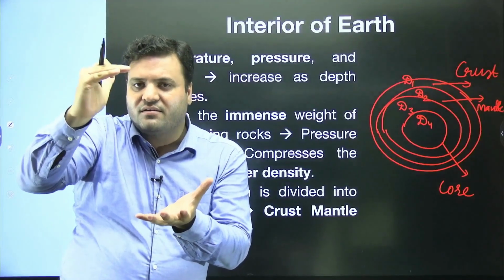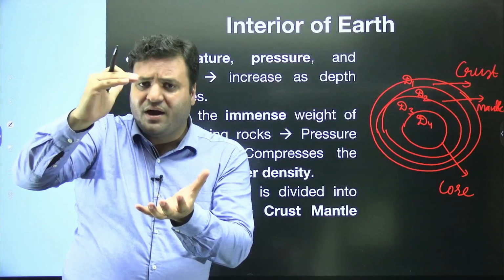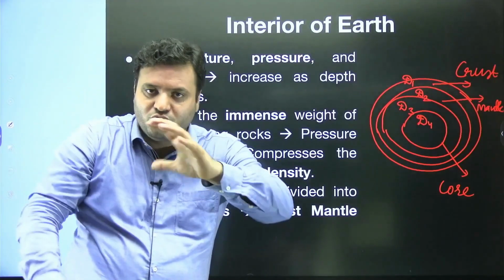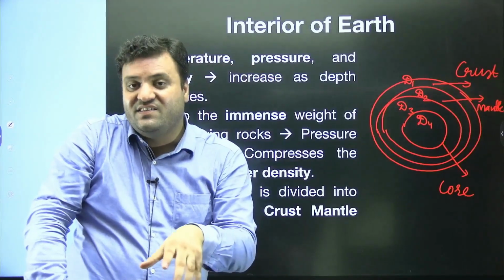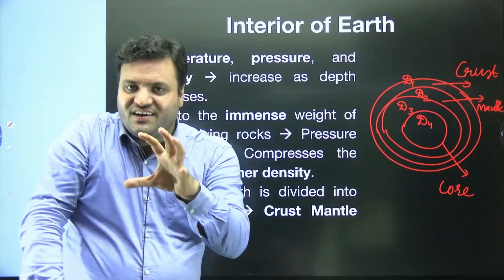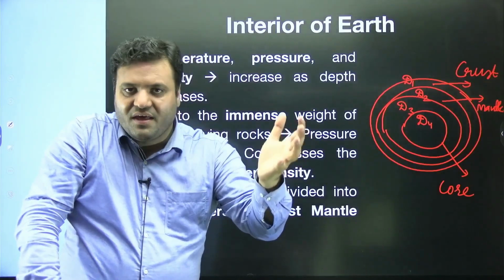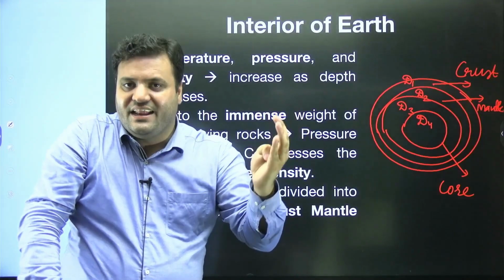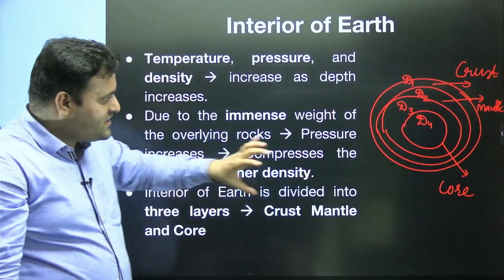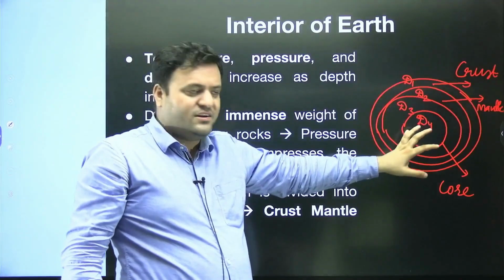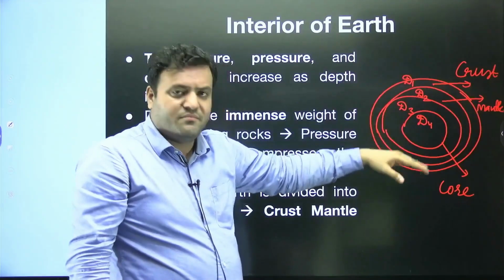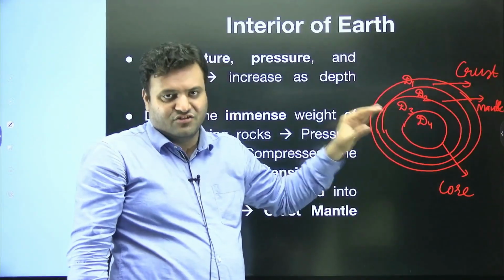In order to demarcate a particular density layer, we classify these densities of rocks in terms of concentric layers, and these concentric layers have been given particular names, and they are the parts of our Earth's interior named as crust, mantle, and core. So because rocks are different in terms of density, temperature, and pressure, we give them names in terms of the layered arrangement, that is crust, mantle.